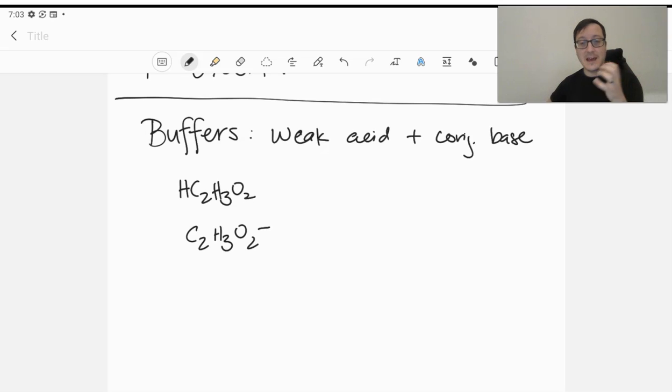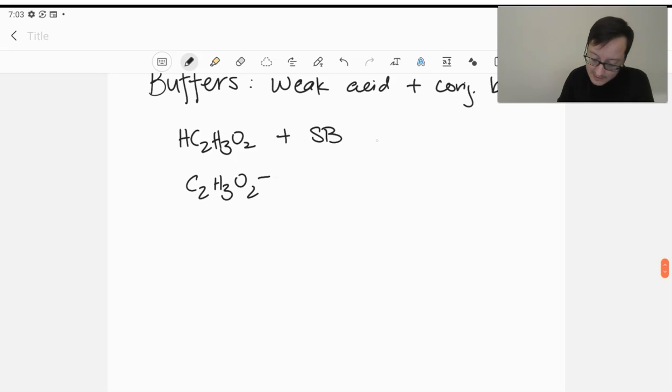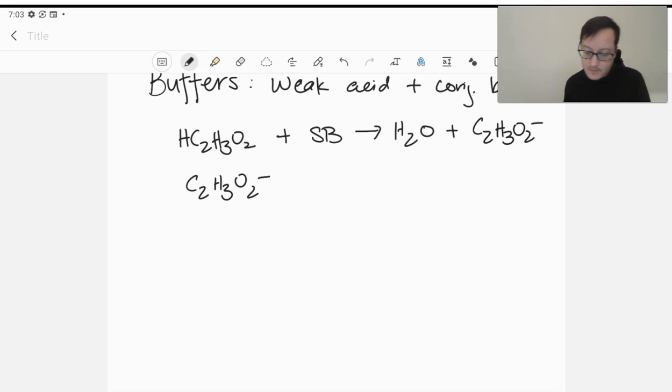So let's see what happens. If we have a weak acid and its conjugate base present in solution, say acetic acid and acetate, and we add a strong base, that strong base will react with the acetic acid to form water plus acetate. So we have taken a weak acid and a strong base and we're neutralizing it.